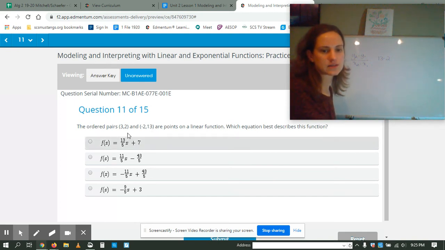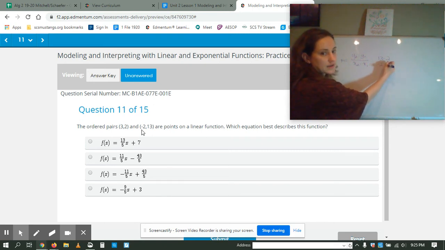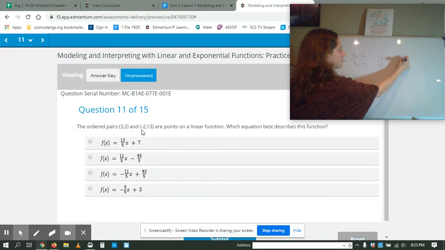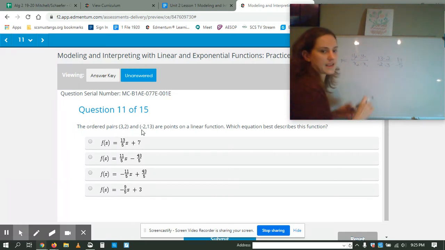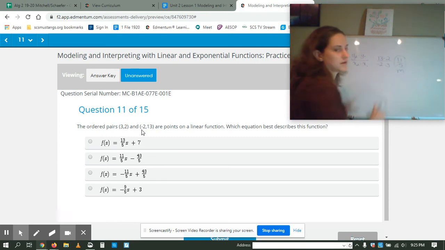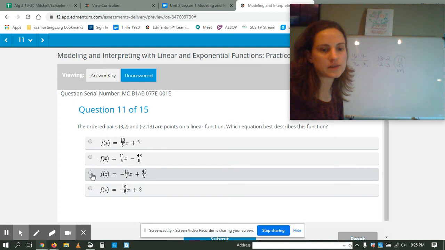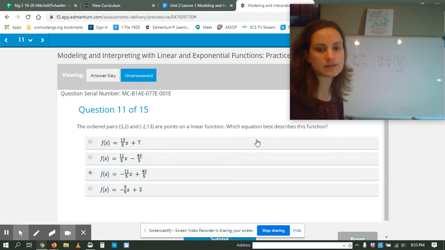So there's my 13 and there's my 2. And then negative 2 minus 3. So 13 minus 2 is going to be 11, and negative 2 minus 3 is going to be negative 5. So that's going to be our slope, our m value. Looking at what we've got, this is the only one that's got the negative 11/5 value. So that is going to be the equation that best describes the function that goes through those 2 points.